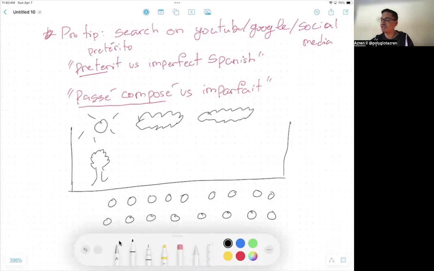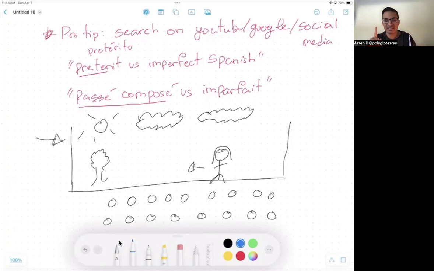Alice was walking, she's walking this way. These are all setting the scene. Alice was walking, the sun was shining, clouds were in the sky, trees were everywhere. All the things in black in this box, that's all the imperfect.